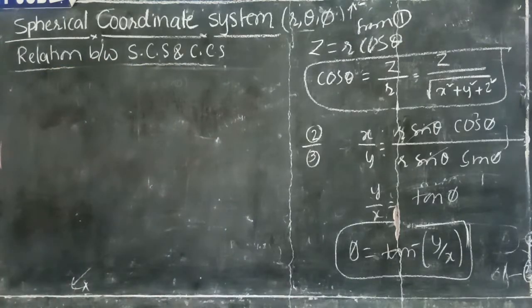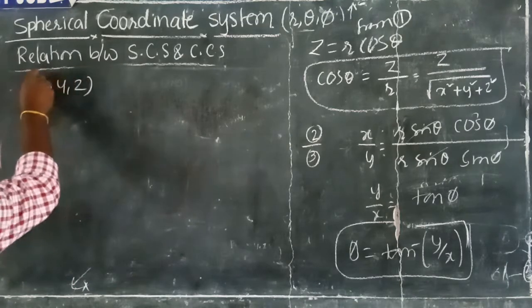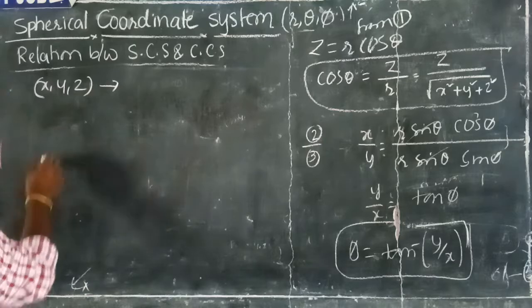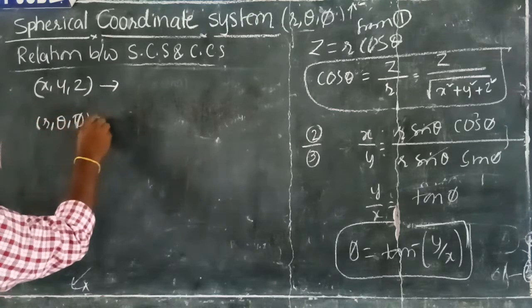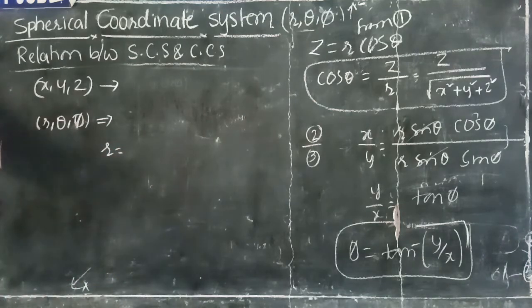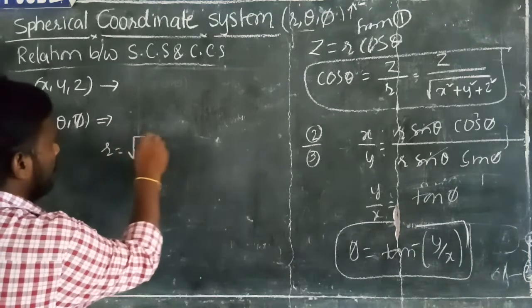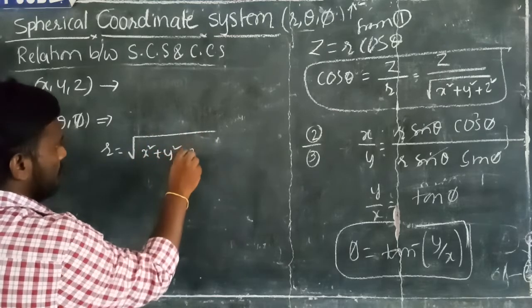I am writing the summary here. If x comma y comma z are given in the Cartesian coordinate system, we can calculate r comma theta comma phi by using r is equal to under root of x square plus y square plus z square.